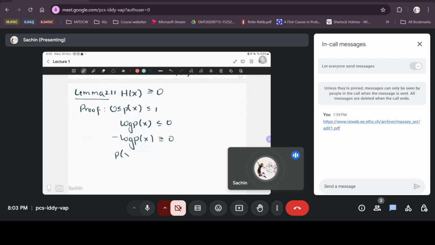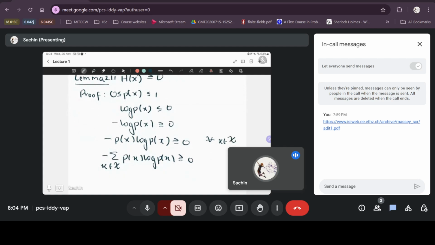That means p of x times minus log p of x is greater than or equal to 0 for all x in the alphabet. So the summation is also positive. So the entropy is a non-negative quantity.